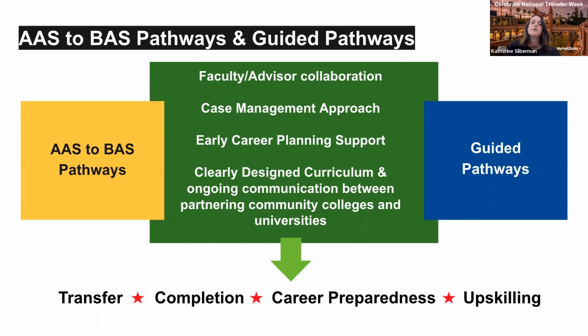And then, of course, clearly designed curriculum and ongoing communication between partnering community colleges and universities. And all of this leads to transfer, completion, career preparedness, and upskilling for our students. So it's a win-win if AAS pathways and guided pathways are coexisting in our world. And speaking of clearly designed curriculum, now I'm turning it back over to Tanaya.